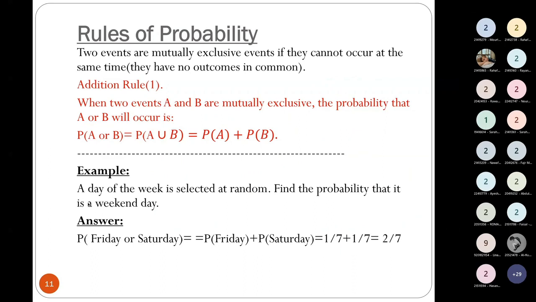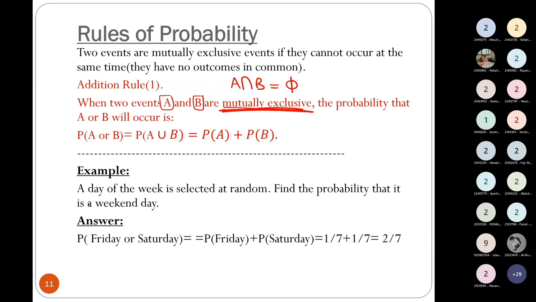Another rule: if we have two events A and B that are mutually exclusive, this means A intersection B must equal the empty set. For example, if we select a day from the week, what's the probability it's Friday and Sunday?